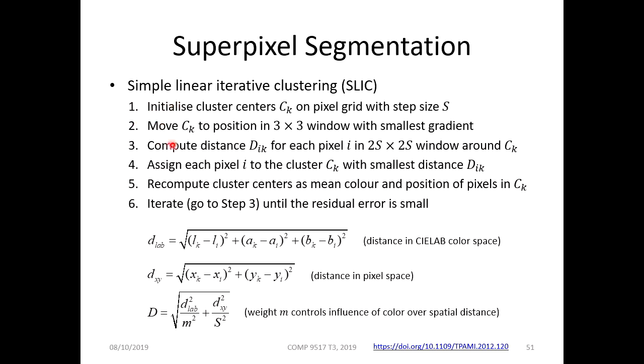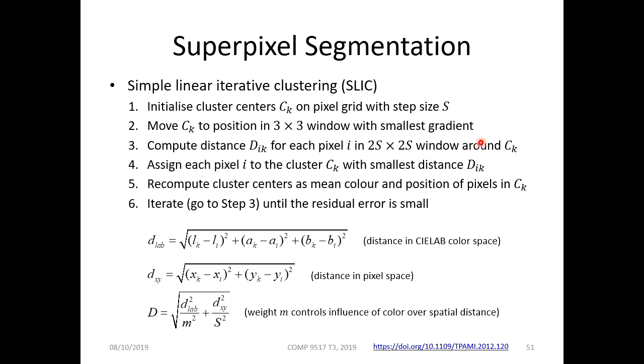And then we are going to iterate the following steps, which is compute the distance, D_ik, for every pixel i in a 2S by 2S window around C_k. And remember that the clusters were spaced S pixels apart. So that means that if you take a 2S by 2S window around a cluster center, you will end up with overlapping windows.